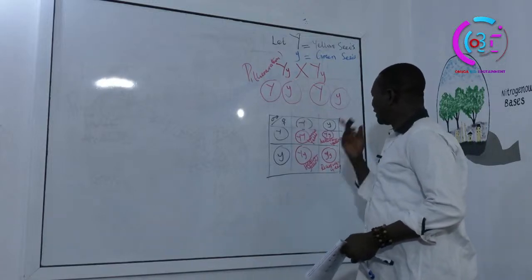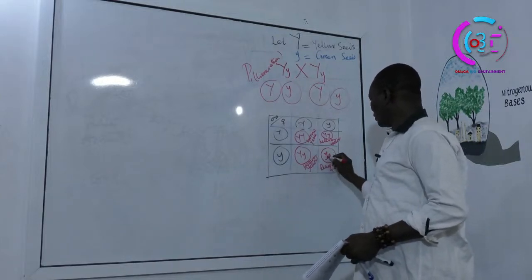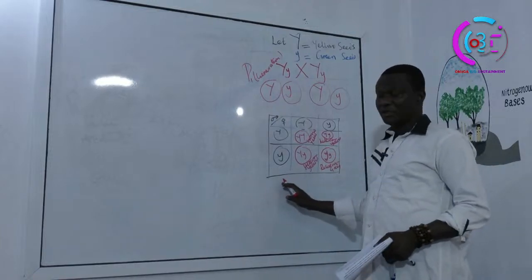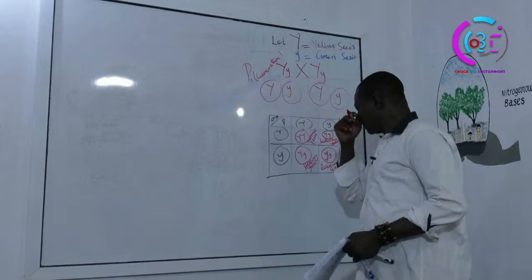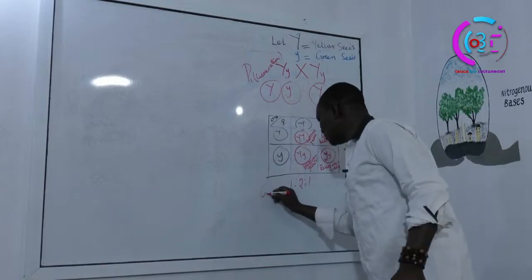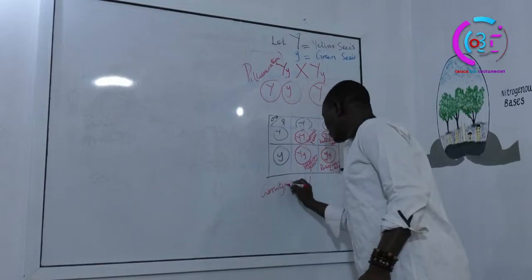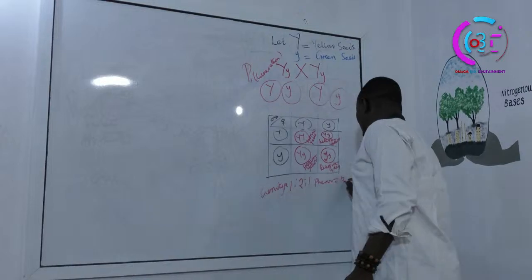So that if you talk about the genotypic ratio, it is going to be 1:2:1. That is the genotype. Then the phenotype is going to be 3:1.